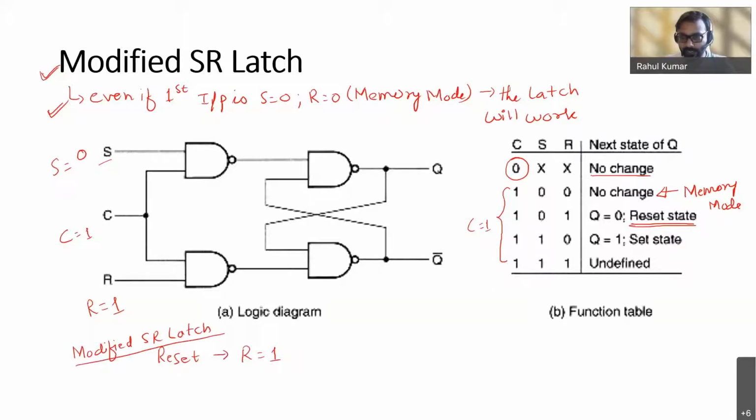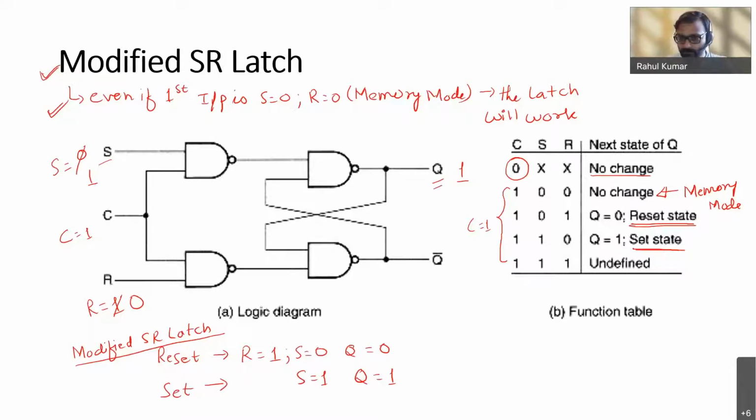Okay, reset means Q output is 0. And your latch is set when your S input is 1 and the output will be 1. So when your S input is 1 and R input is 0, your output Q will be 1.